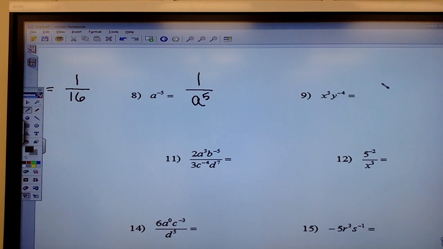So our x cubed stays at the top. Because y is raised to a negative exponent, we move the y to the bottom and we make the negative 4 a positive 4. So this is the completed answer for x cubed y to the negative 4th.